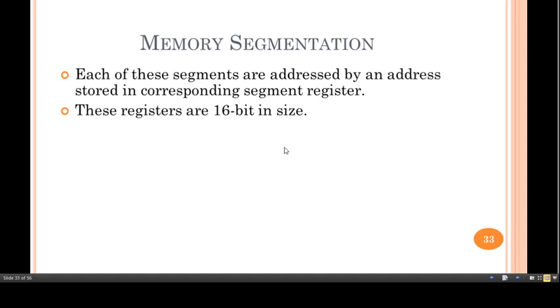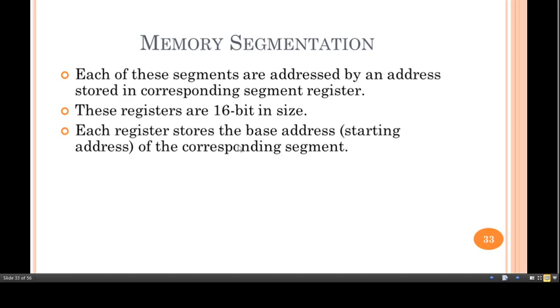These segments are addressed with the help of these segment registers, which are 16 bits in size, meaning CS, DS, ES and SS. Each register stores the base address of the corresponding segment.